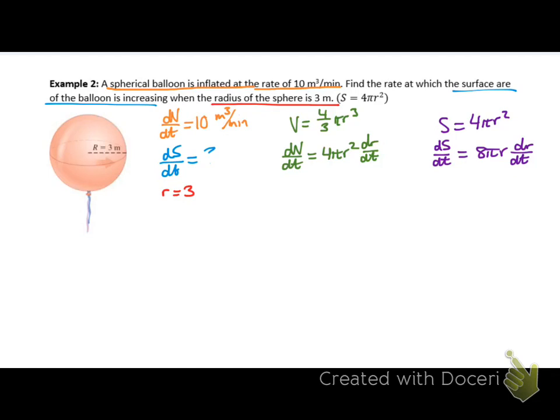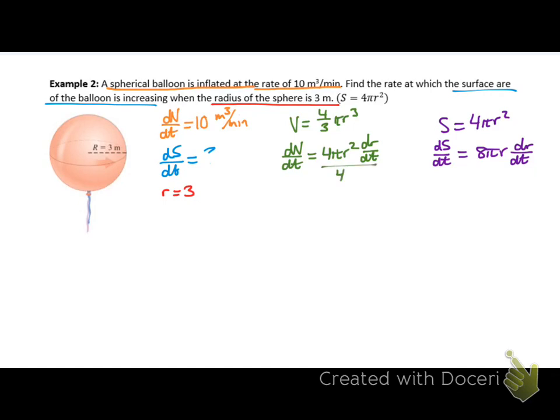We know r. We don't know dr dt. That's one unknown that we need to figure out. In the purple equation, we don't know dS dt and we don't know dr dt. That's two unknowns. So if we solve for dr dt in the purple equation, it's not as beneficial. We need to solve for dr dt in the green equation.